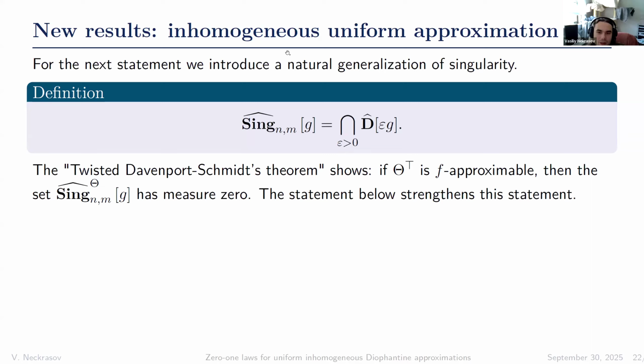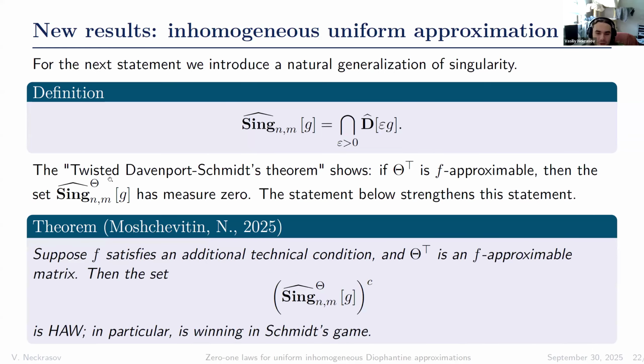What we know as a corollary of the previous slide is that if the transposed matrix is F approximable, then the G singular twisted set has zero measure. Now, a small theorem that we show here is that not only does it have zero measure, and therefore its complement has full Lebesgue measure, but this complement is also winning in some sort of games.